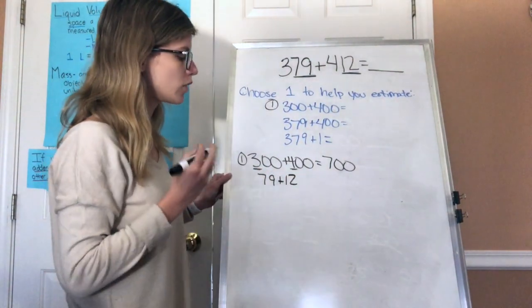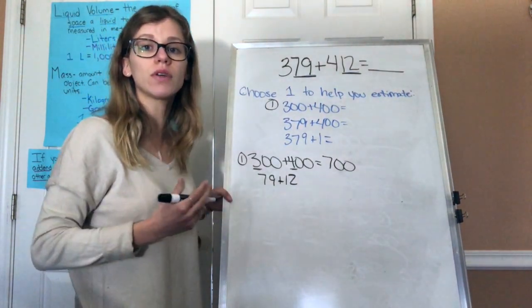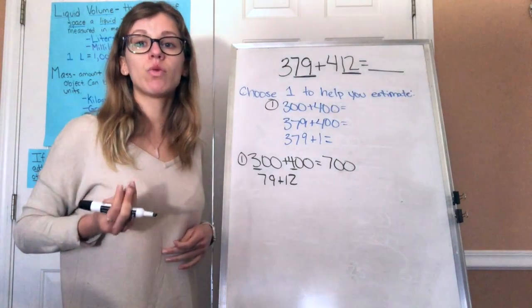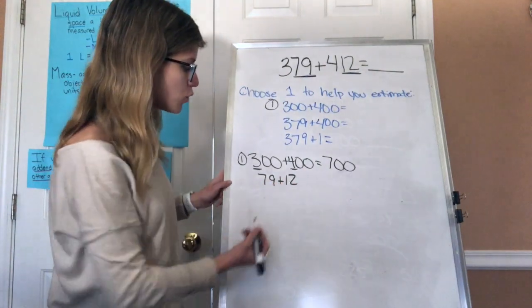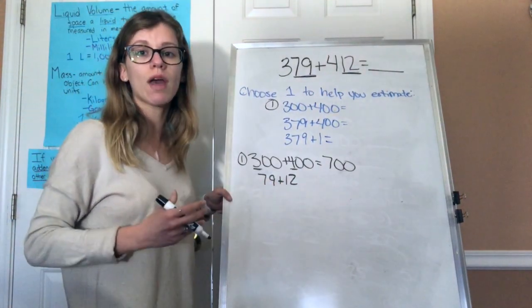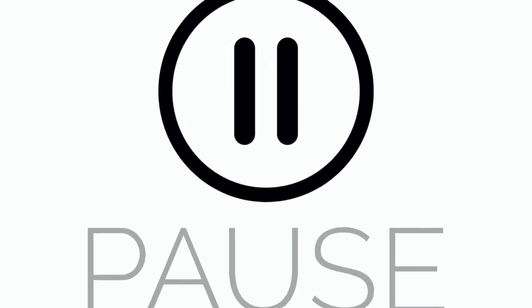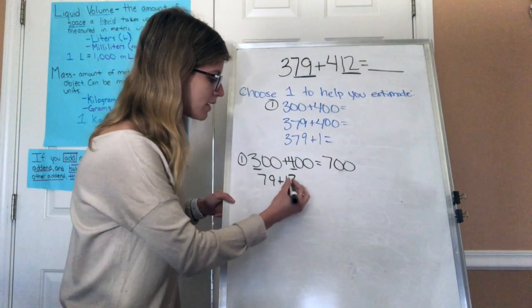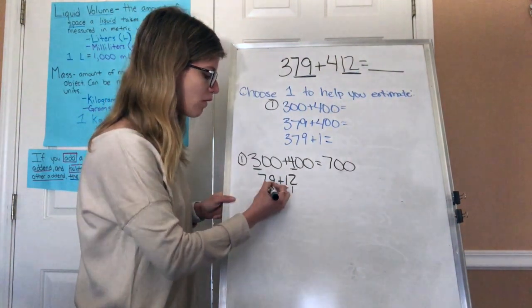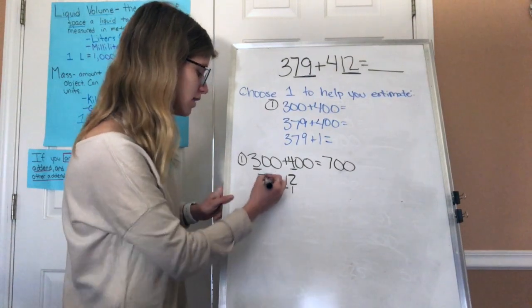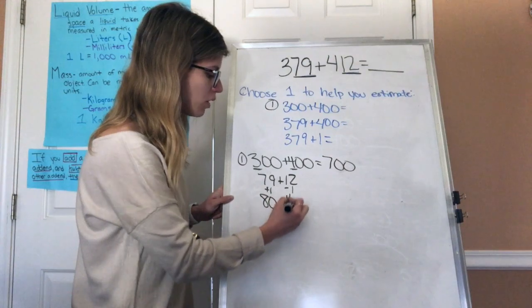What you can do is what we were saying yesterday. There's a really simple way that you're able to help solve equations by adding a certain number to one addend and taking the same amount from a different addend. So instead of 79 plus 12, pause me and think about a different way that I can write this equation. I can take away 1 from 12 and then add 1 to 79 to get a friendly number of 80 plus 11.